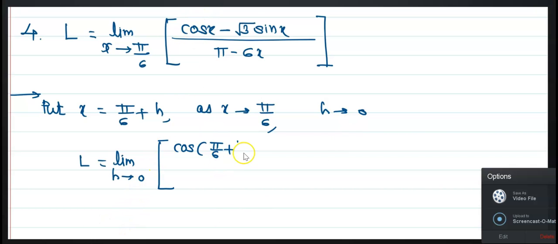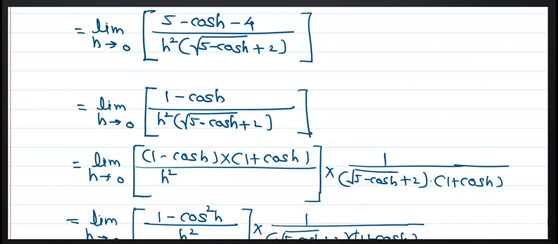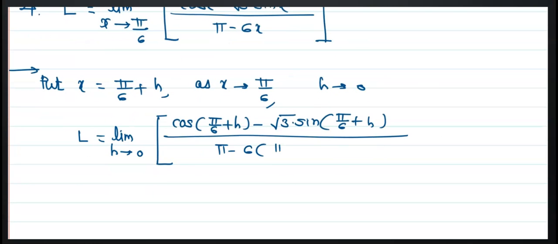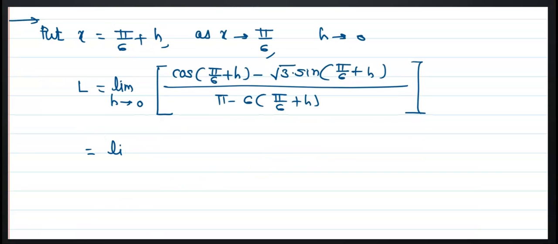Cos of (pi by 6 plus h) minus root 3 sin of (pi by 6 plus h), upon pi minus 6 in bracket (pi by 6 plus h). If we simplify this, you will get pi minus pi minus 6h, that is minus 6h.